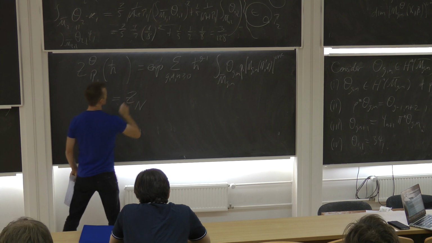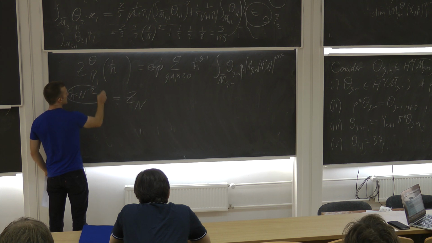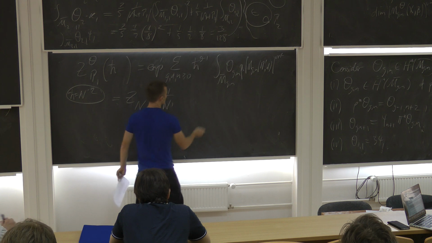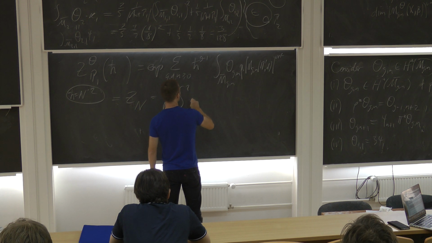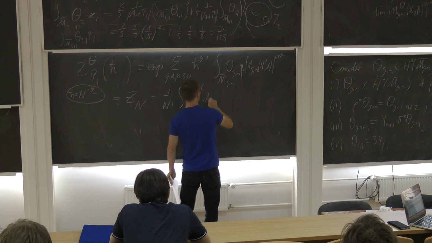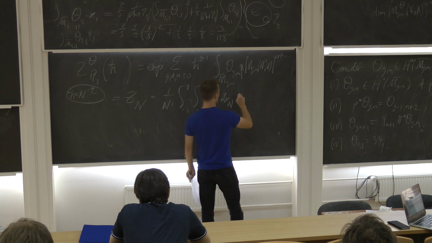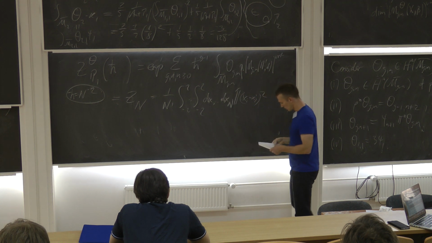And so it ends up that this is equal to Z_N, where h-bar is N to the negative 2, which is known as the Legendre matrix model. The integral from negative 2 to 2, dx_1 through dx_N, the product. I think I got it all.